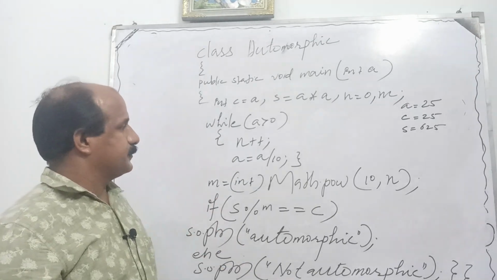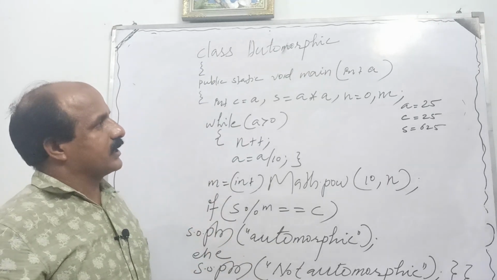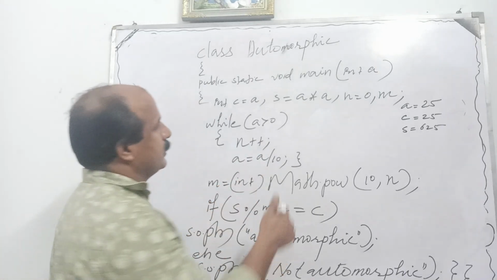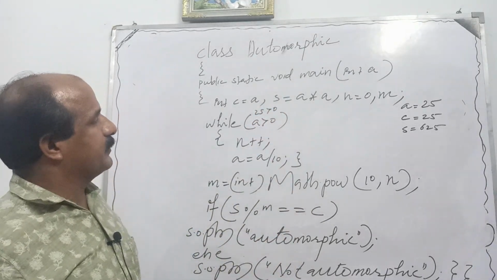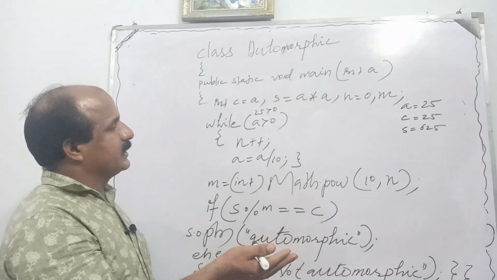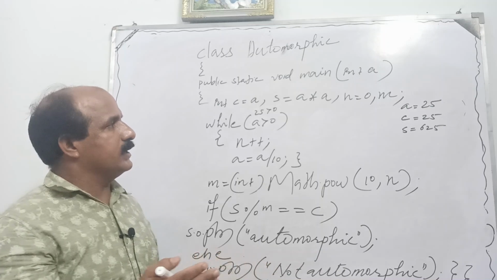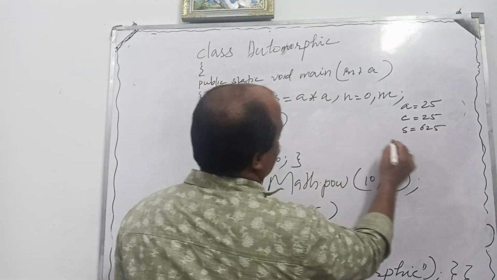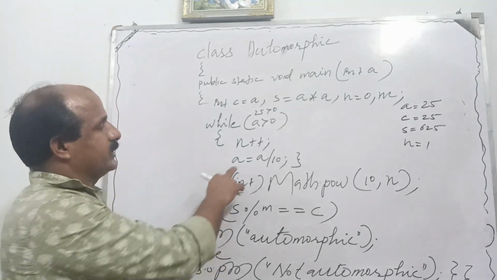Now see, first while A is greater than 0, please check. A is 25, so we are checking 25 greater than 0. Yes, 25 is greater than 0, so N plus plus, N will be increased by 1. What is the value of N? 0, and increased by 1 means 1 itself. So N is equal to 1. A is equal to A divided by 10, this logic I have already explained.